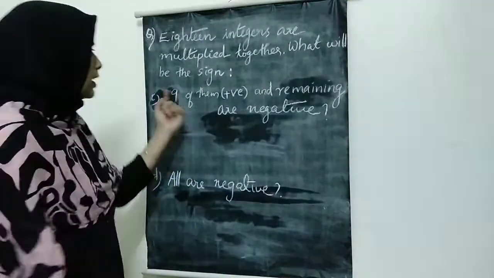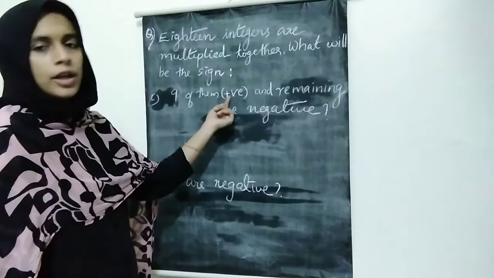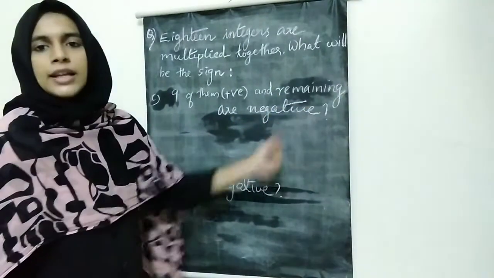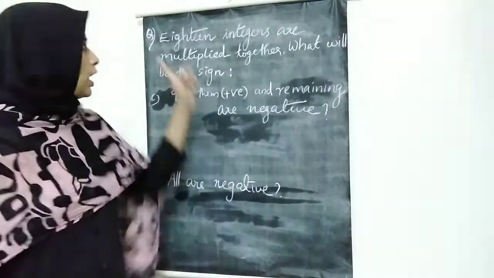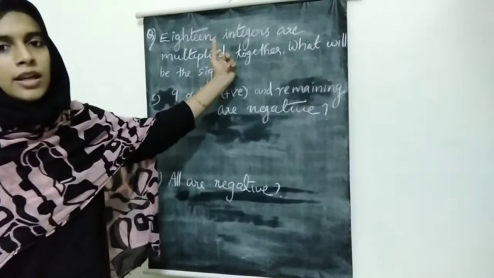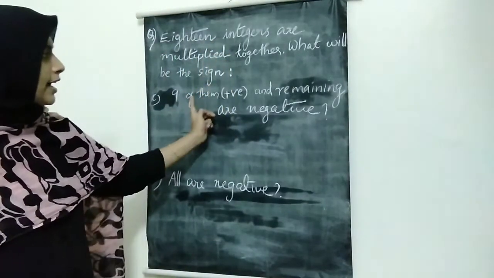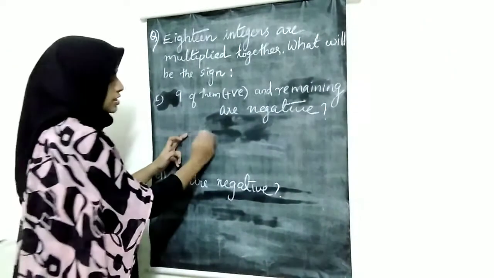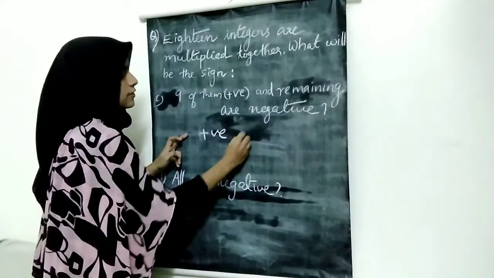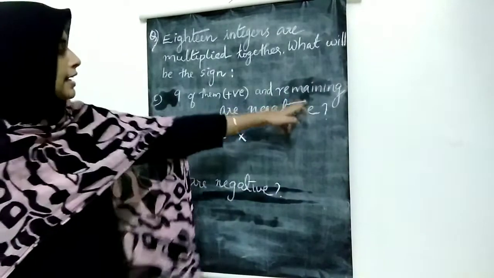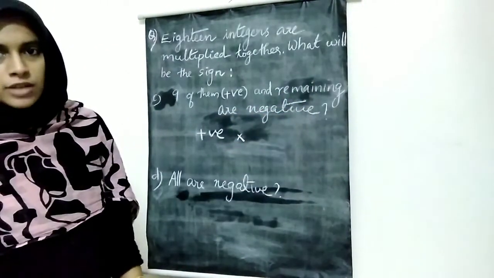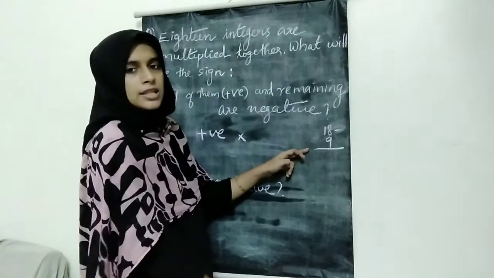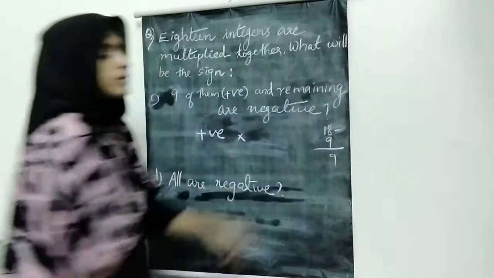Question C. 9 of them are positive and the remaining are negative. So, out of 18 integers, 9 of them are positive. 9 positive integer, we get positive itself, and remaining are negative. 18 minus 9. What is 18 minus 9? 9 itself.